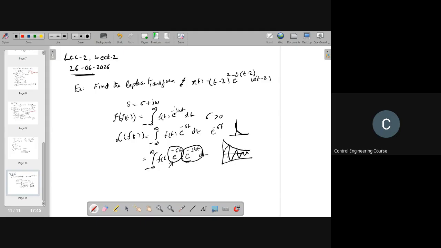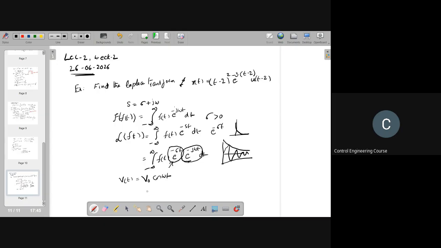This is a much better way of representing signals. Like in the Fourier transform, we are only focusing on V naught cos omega t. Suppose your signal is V of t; the general representation is V naught cos omega t, a sinusoidal function.